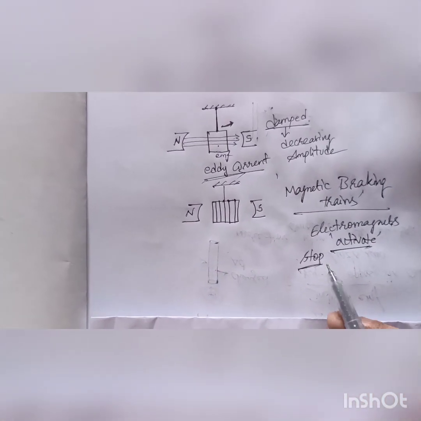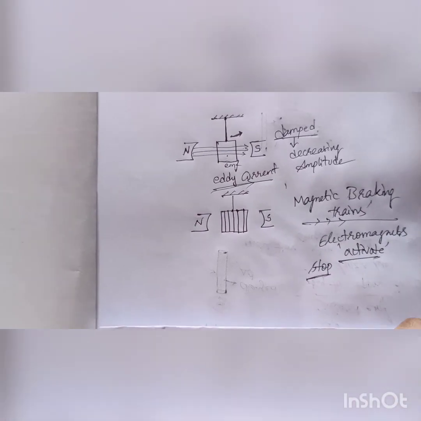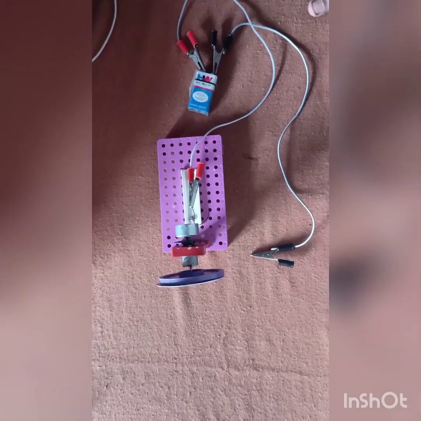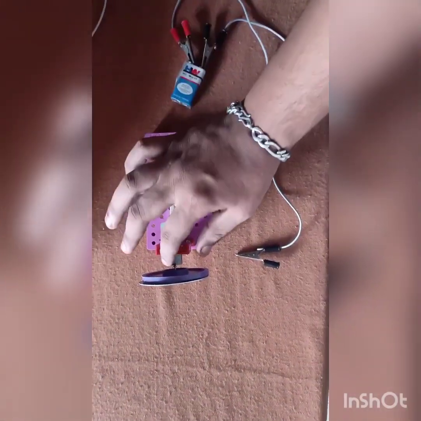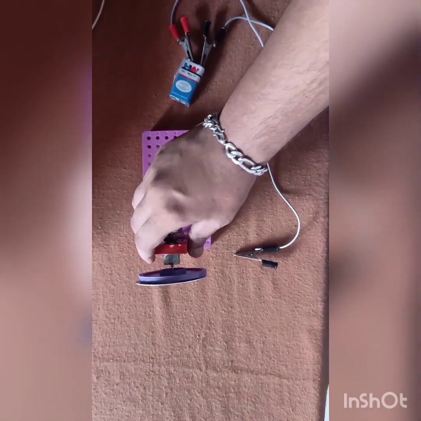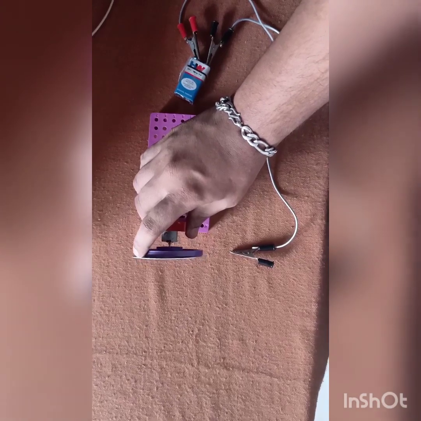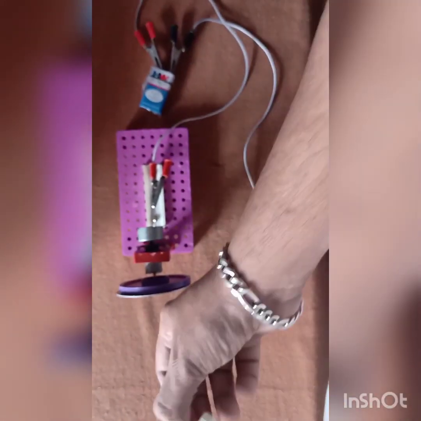So let's have a look at this magnetic braking of trains. Here is an apparatus. This is a 9-volt battery. This is a DC motor, and I have an aluminum plate which is fitted like this, and this is a magnet.